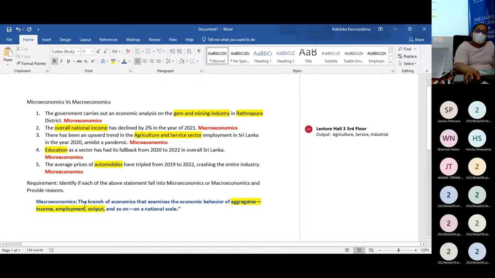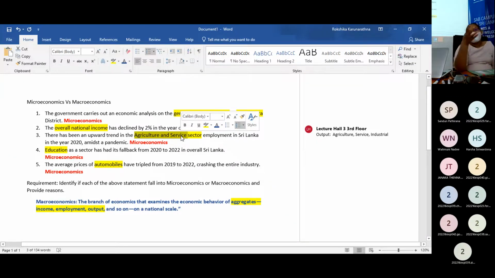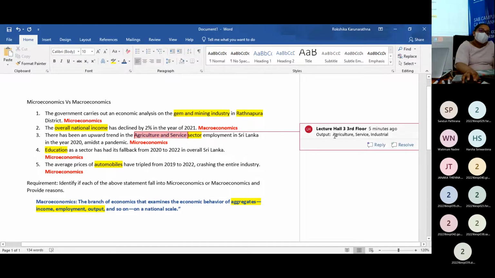When we take national output of an economy, if we go by the sectoral composition, you go to the central bank report and see the sectoral composition, overall output for a country includes three sectors: agriculture, service, and industrial. Okay, Janaka. So in this, we are only mentioning agriculture and service sector, and industries are missing. So that means you can't say it's about overall output, or overall employment. That is why it falls under microeconomics.